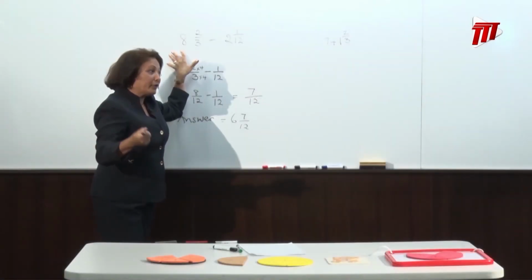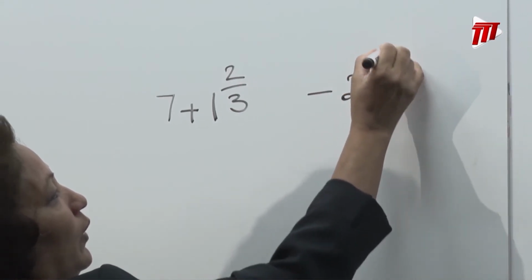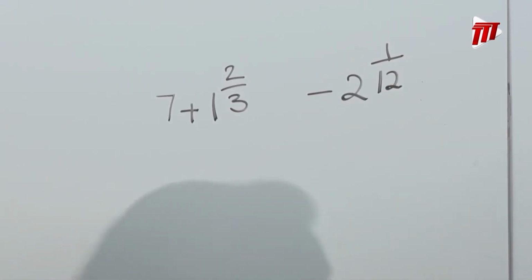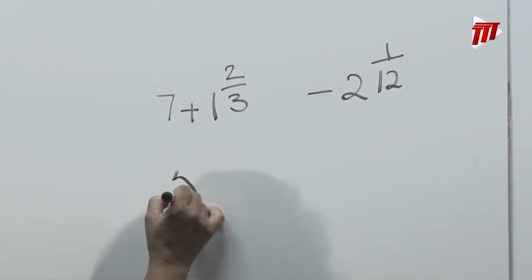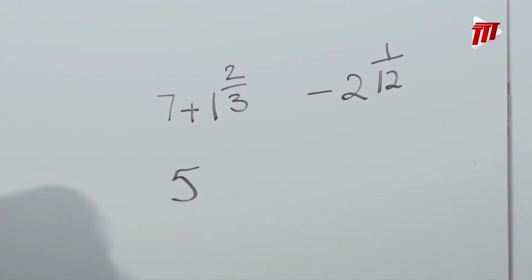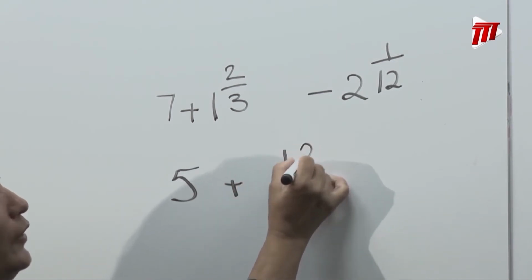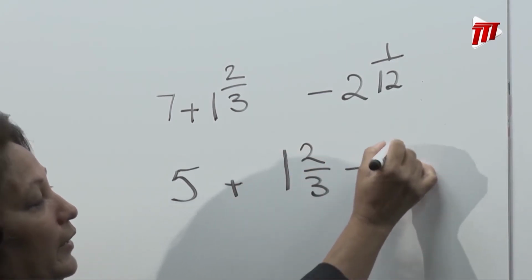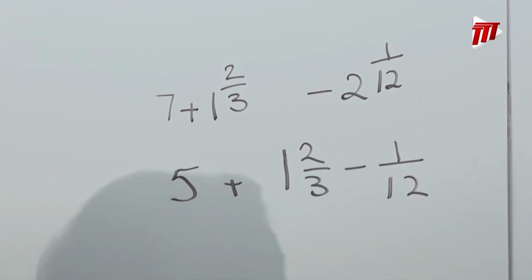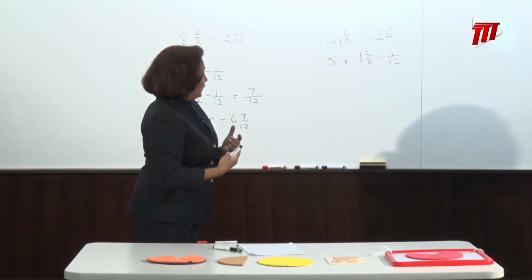Right, I've just rewritten it like that. Minus 2 and 1/12. 7 minus 2 would give me 5, plus I would have 1 and 2/3 minus 1/12. Okay? So that's another way you could look at your answer.